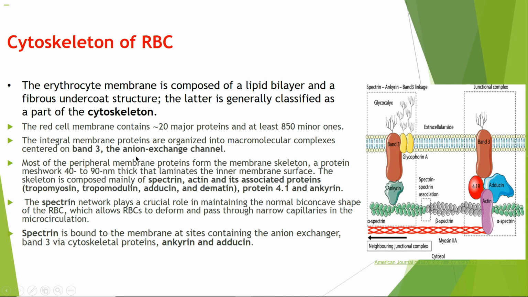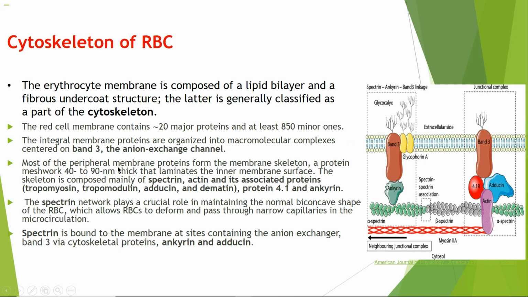The integral membrane proteins are organized into macromolecular complexes centered on band 3, the anion exchange channel. So there is a band 3 protein forming an anion exchange channel right through the lipid bilayer. This is a very special integral membrane protein found only in the RBC's membrane.